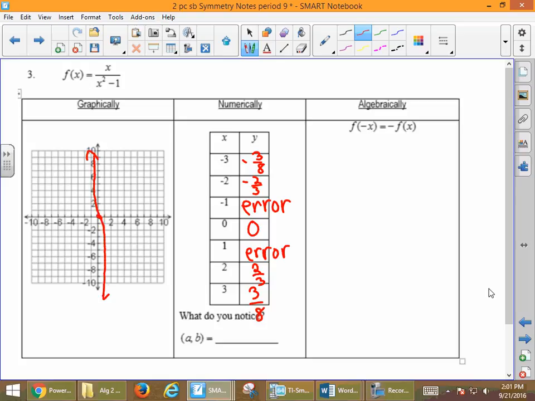And so here's my middle branch. And then the other two I'll do the best that I can, but it's -3 and -3/8 and -2 and -2/3. Can't really tell the difference up here. And it kind of looks like that.